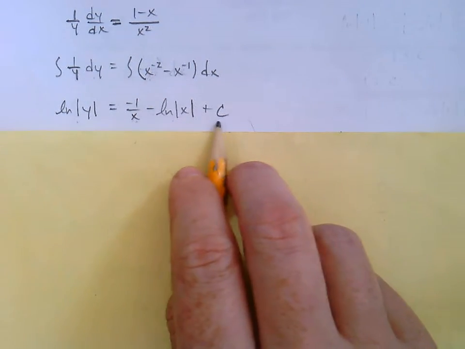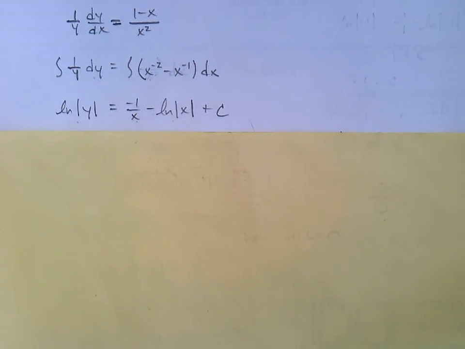And then we put our plus c here on the right. Okay, so we have taken all those antiderivatives, integrated both sides with respect to their correct variables. So you could say we found the family of solutions right there.